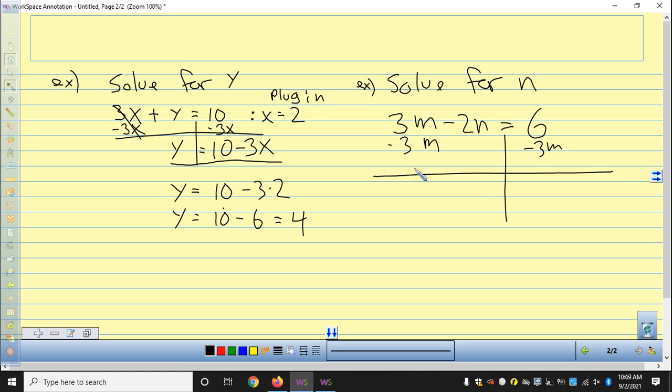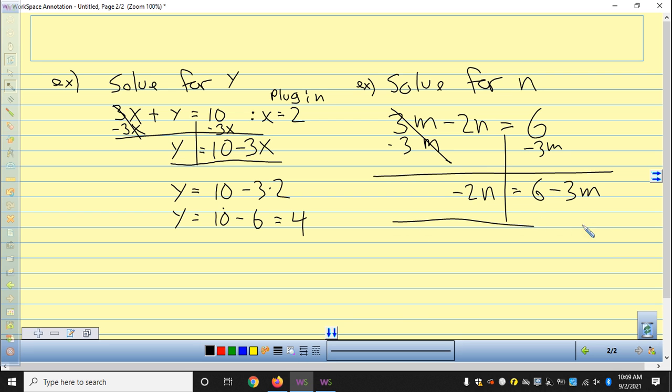We're thinking of this 3m as just one thing altogether. So we could think of this as plus 3m minus 2n. So to undo that plus 3m, we're going to minus 3m. Just like we did here. So 3m minus 3m, those go away. I get negative 2n equals 6 minus 3m.